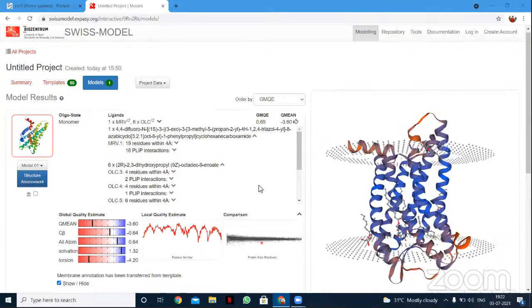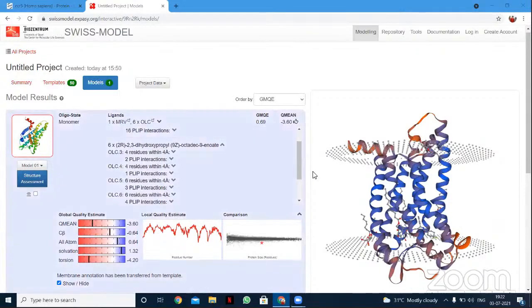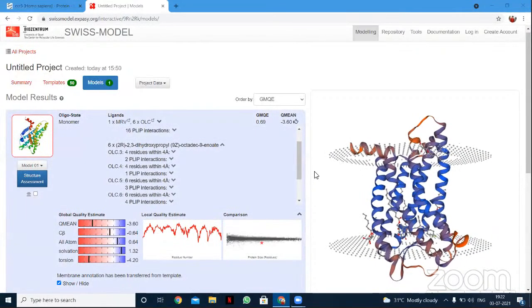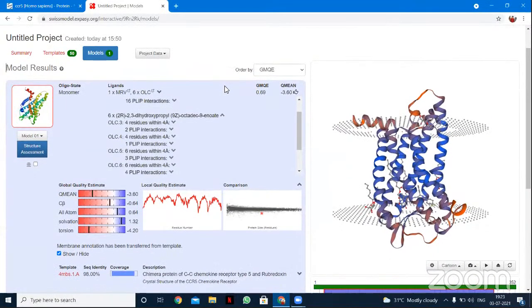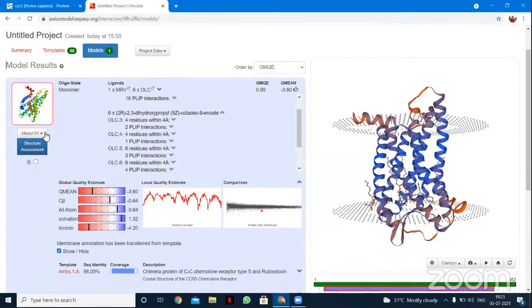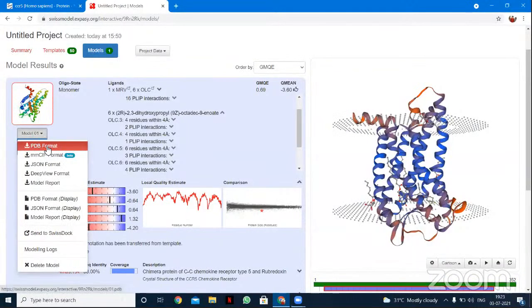So you can see on your right hand side, the 3D structure of the particular protein is generated, and you can download it. Click that model 01, and there is an option like PDB format. Yes, you can download it.